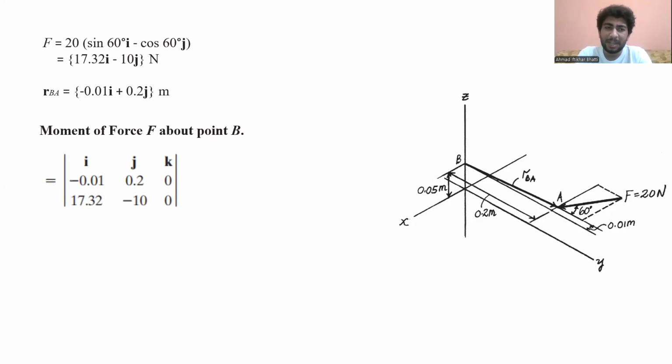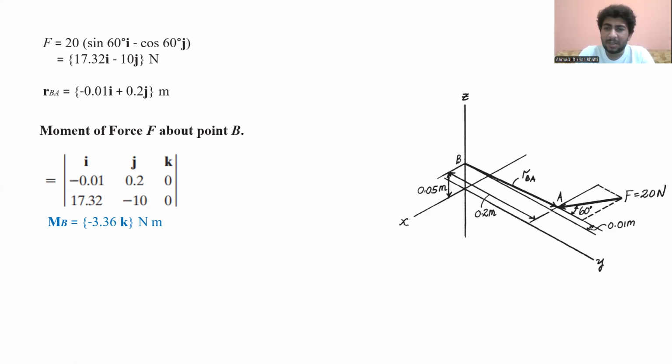You see, when we take the determinant of this matrix, then we can find the moment. You see that when we take the determinant of point I, it is 0, and at point J it is also 0. So at point K, we get minus 3.36. And you see, this is our moment at point B, and it has a unit of Newton meter.